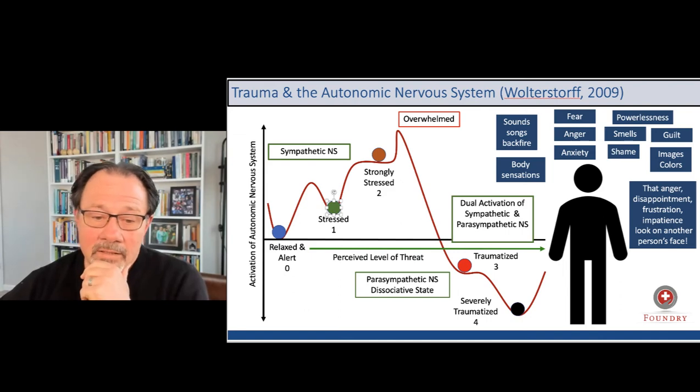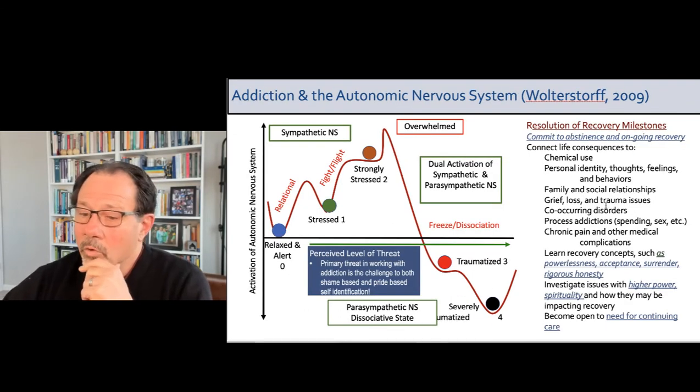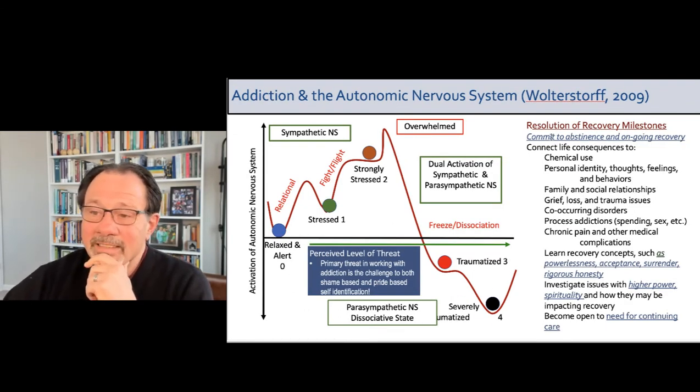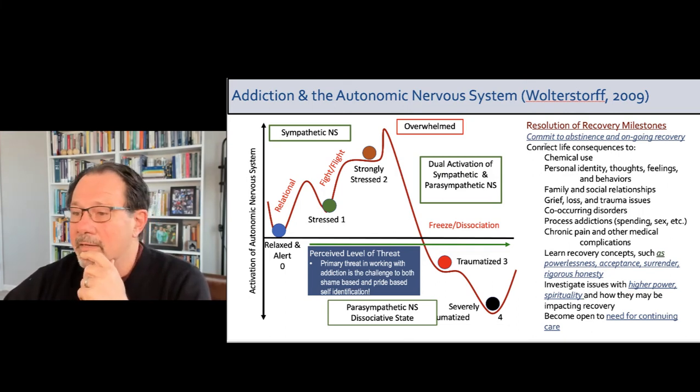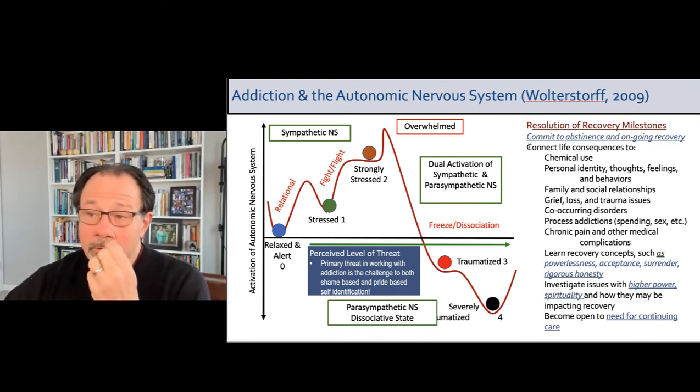For clients, we're working on really difficult memories in terms of what we call recovery milestones. And one of the first ones is the commitment to abstinence and ongoing recovery.